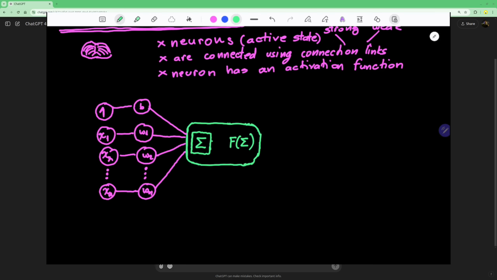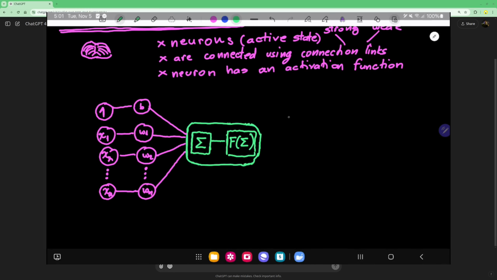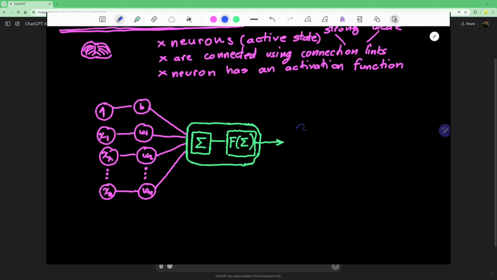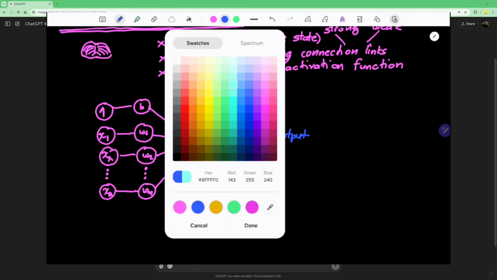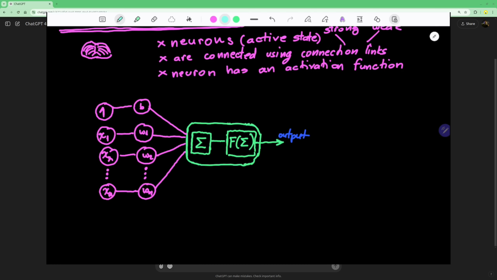Then this activation streamlines the output of this to the activation function, and then we get a real output. So these are the different elements of a neuron.